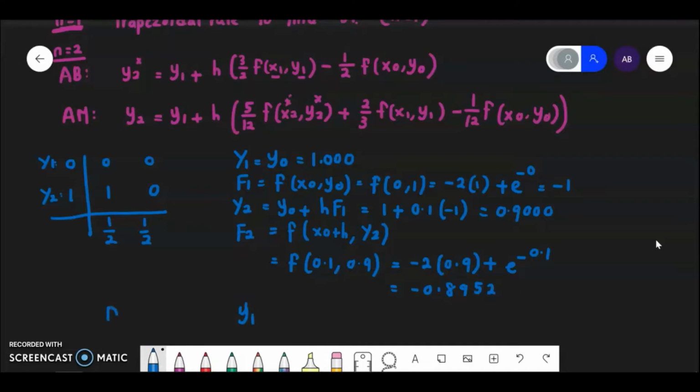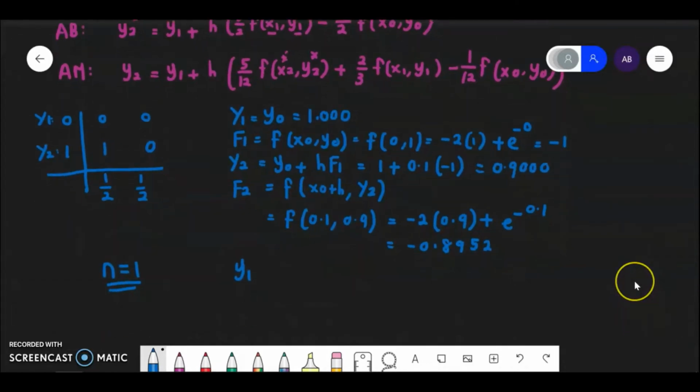Lastly, my y1. We want to find it at n equals 1, one step. So y1 here will be y naught plus h over 2 f1 plus h over 2 f2. So b1 is half, b2 is half.